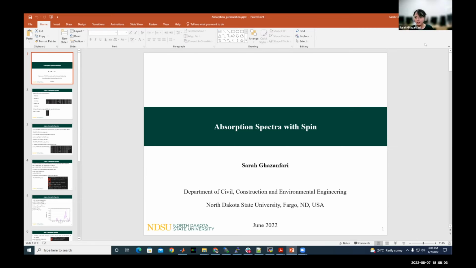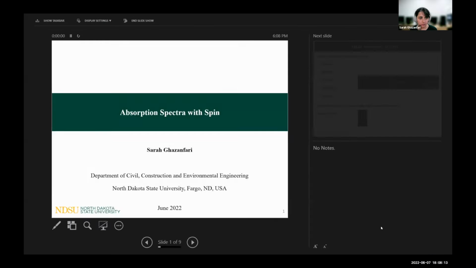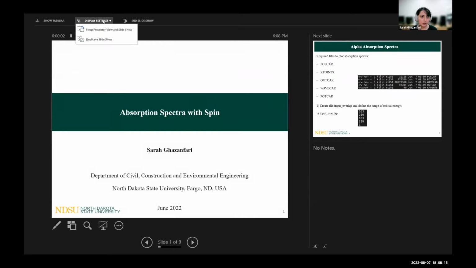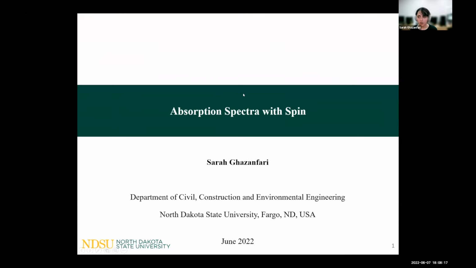Thank you, Dr. Kin. I think everybody explained the work that I'm going to present, so I will quickly show it. I'm going to explain how to plot the absorption spectra for different spin components in the case of spin polarized.